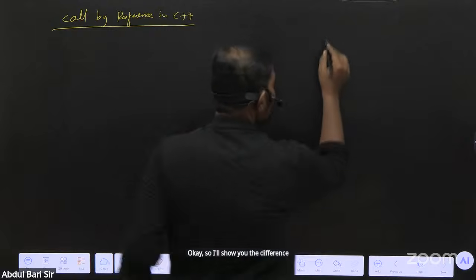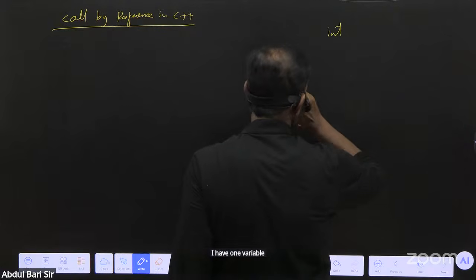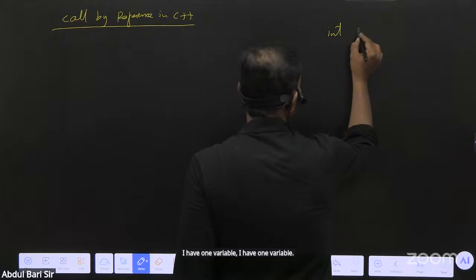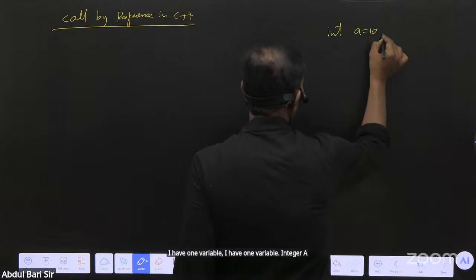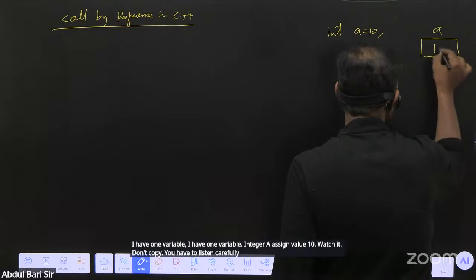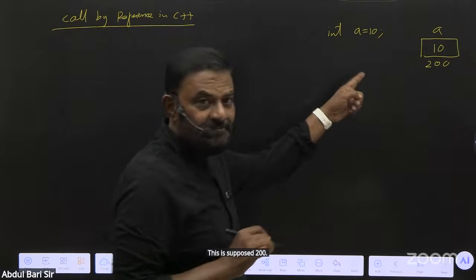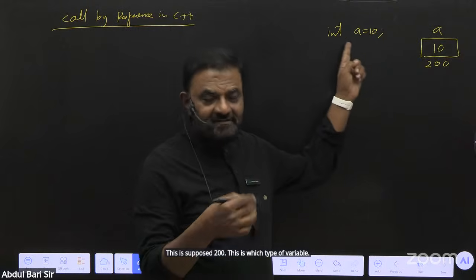Watch here. I have one variable, integer A, assigned the value 10. Don't copy, you have to listen carefully. Suppose its address is 200. This is which type of variable? Data variable.